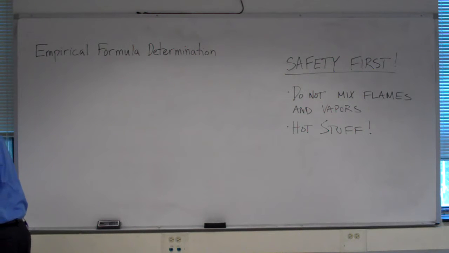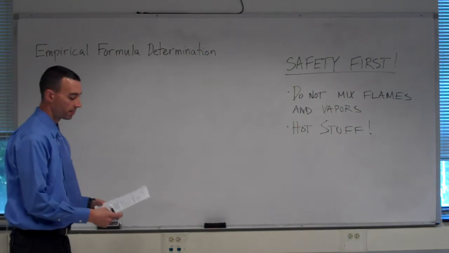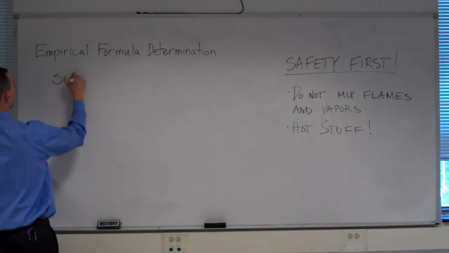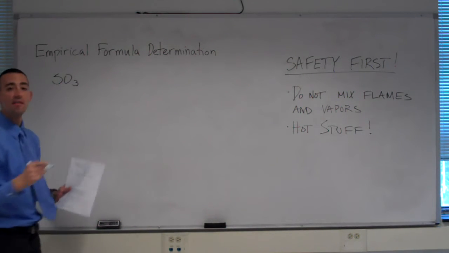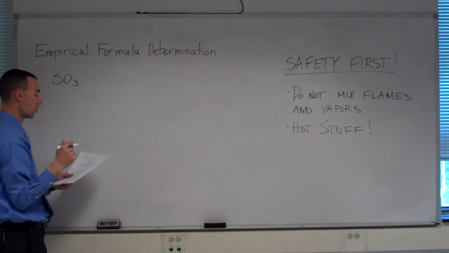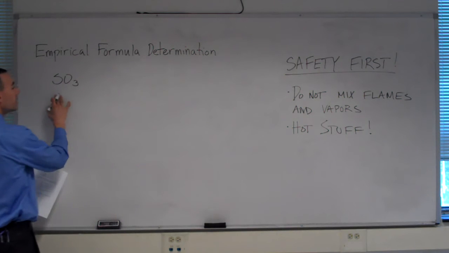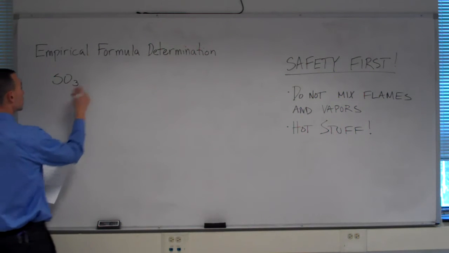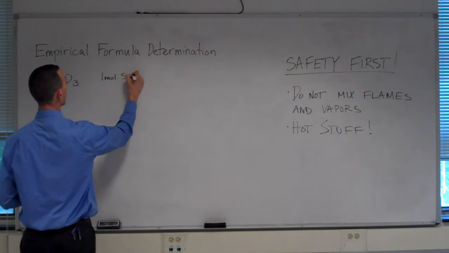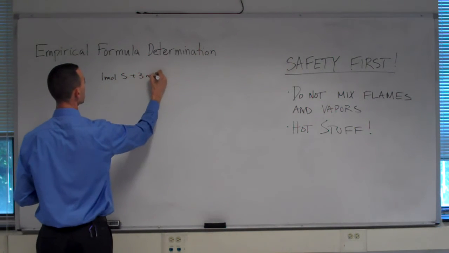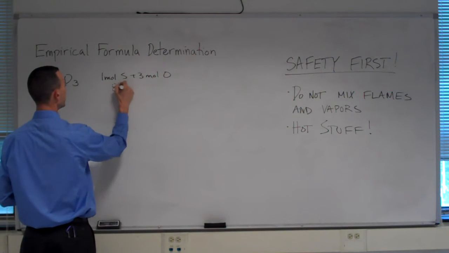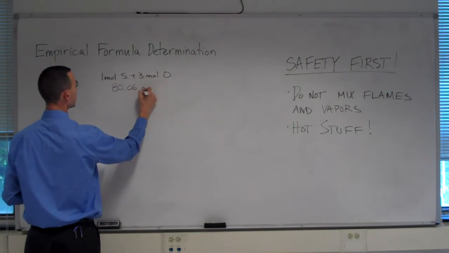The first pre-lab question speaks about the mass percentage in sulfur trioxide. So sulfur trioxide, if you haven't yet learned naming of molecular compounds, would be SO3. In 1 mole of sulfur trioxide, we would have 1 mole of sulfur and 3 moles of oxygen, for a total mass of 80.06 grams.